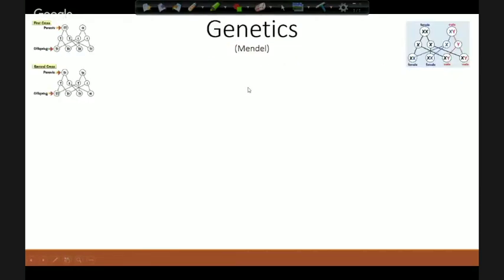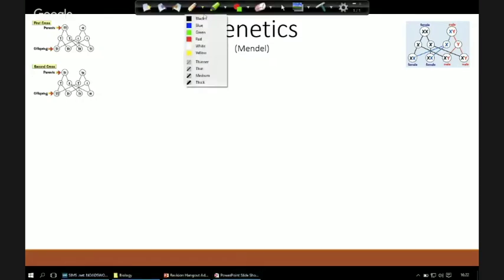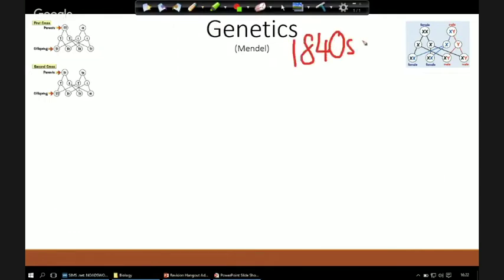Now, the second part to the second half of biology is genetics. And we start with a chap called Mendel. Now, Mendel was a monk. He lived in the 1800s, and he was carrying out his work around the 1840s, 1860s.